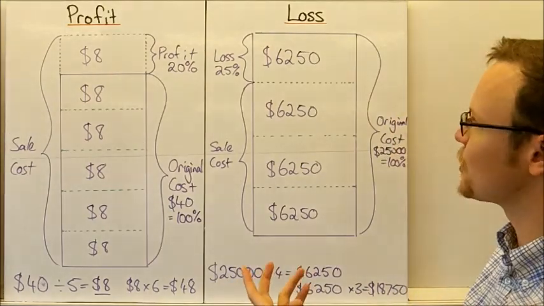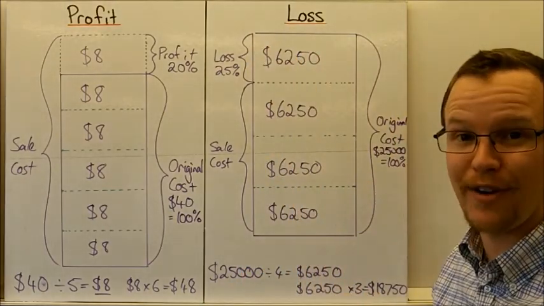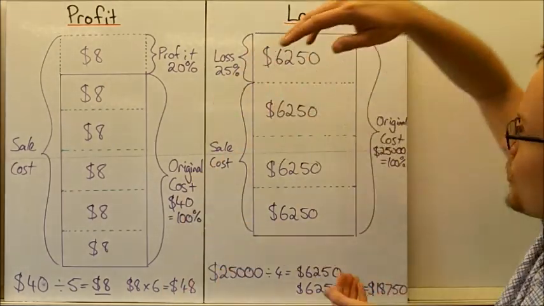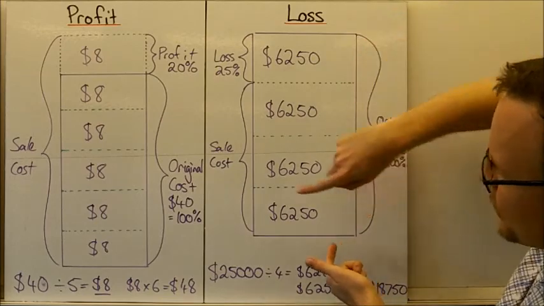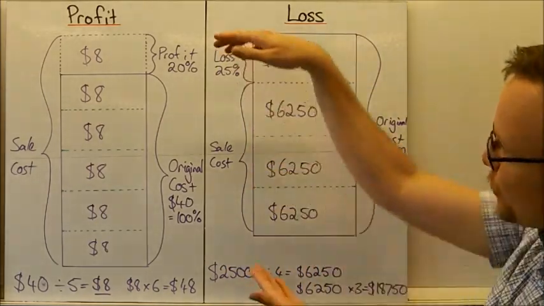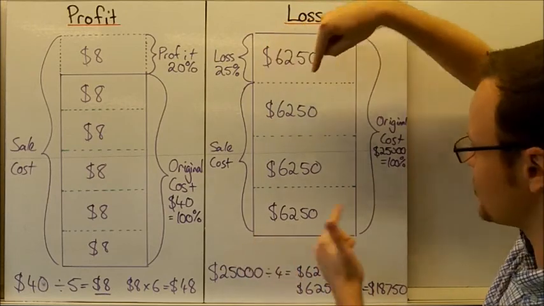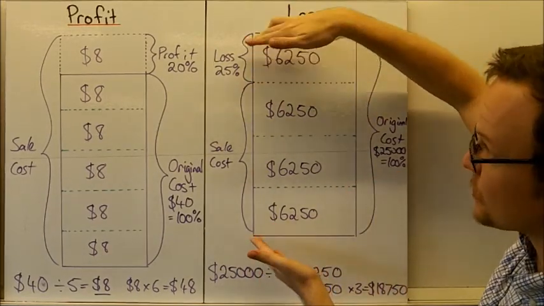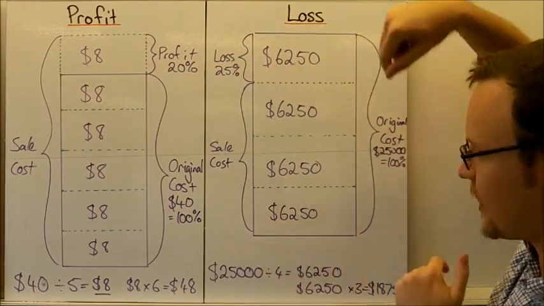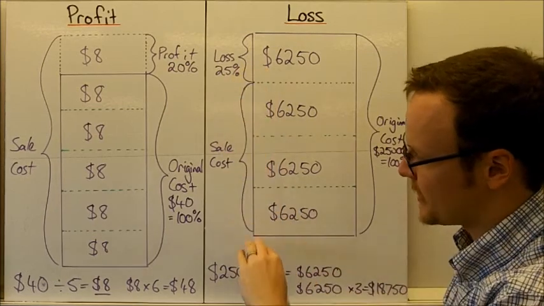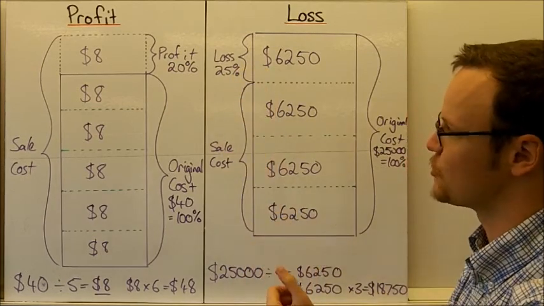So that depreciation over time, maybe we've lost 25% of the actual original value of the cost of the car. So now we're not selling it for 100% anymore, we're selling it for a deal less, 25% less. So now we're selling it for 75%, which is 25% less than 100%. So we've reduced it by 25%, we're going to be paying 75% of that original amount.